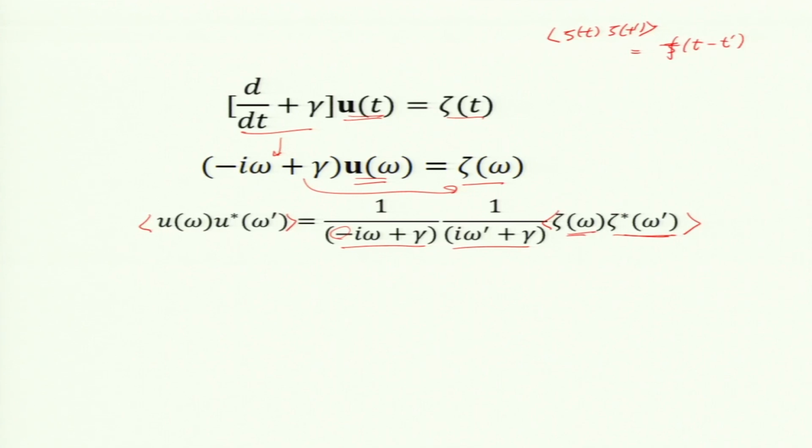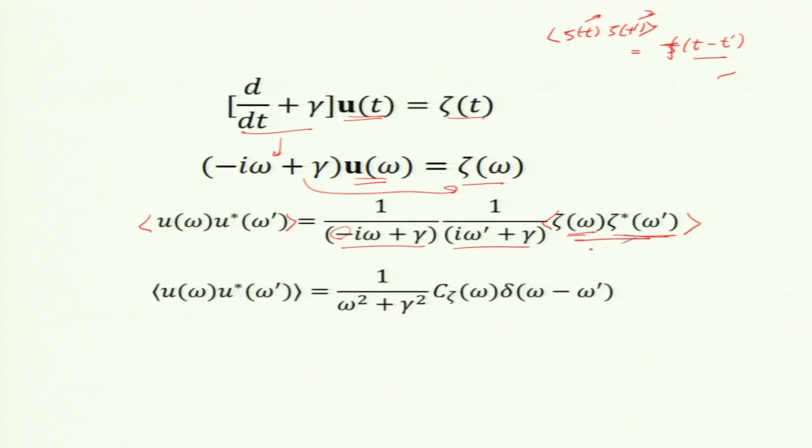You understand, if I shift the system by some time, I get the same correlation. So you shift t by alpha and t prime by alpha, this is unchanged. This is called a homogeneous system, and stationary means these correlations do not change with time.